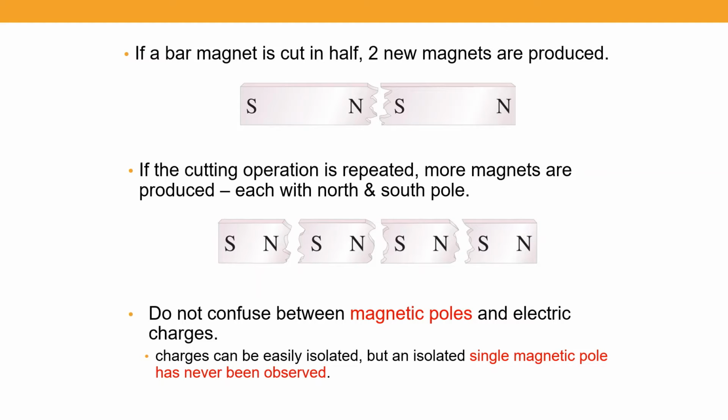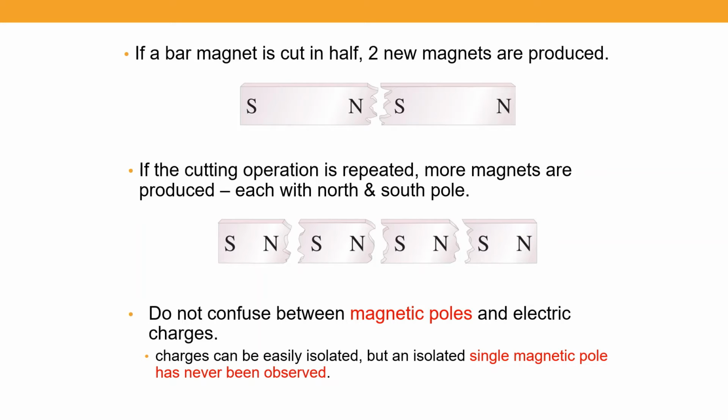Okay, so this is actually similar with electricity. In electricity, we have a positive and negative charge. So the same thing with magnets, we have a south and north pole. However, there's a big difference between these two. In electricity, a positive electric charge and a negative electric charge can be isolated. They can exist without one another.